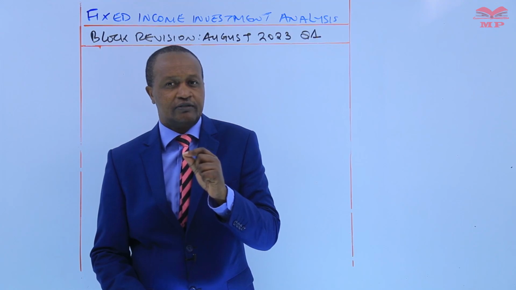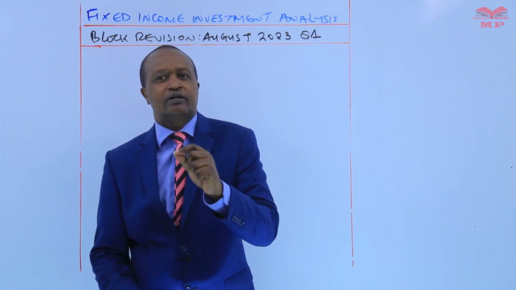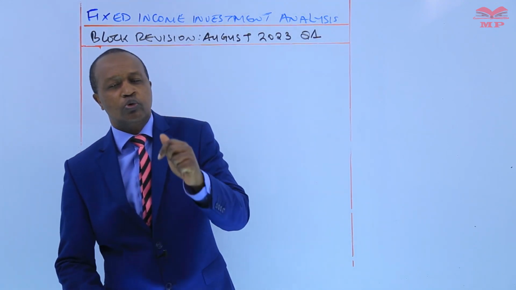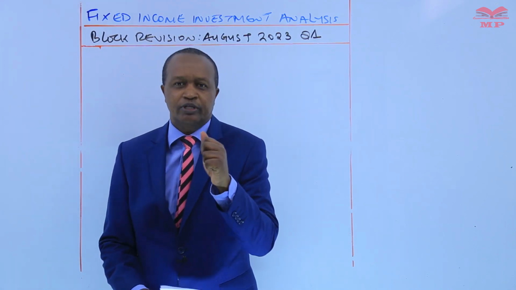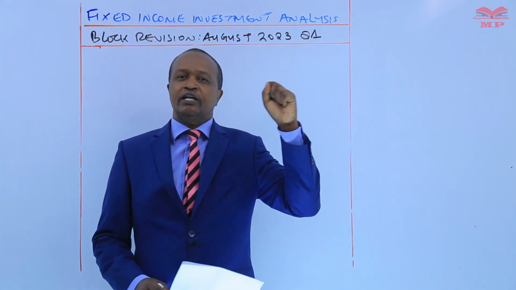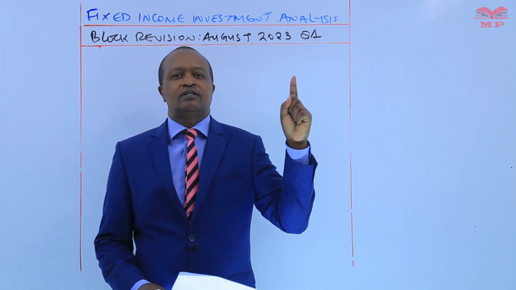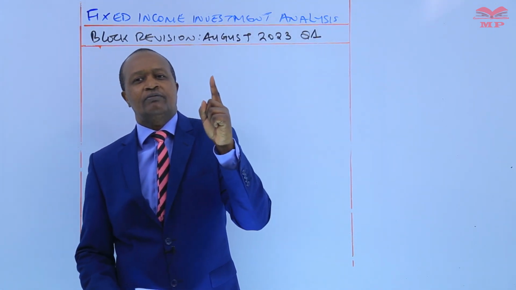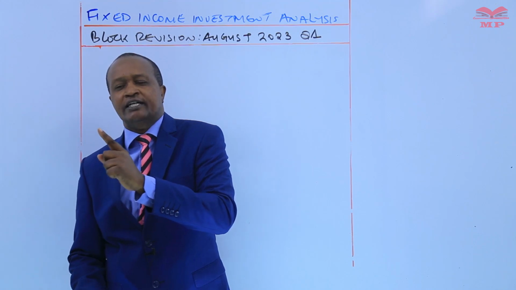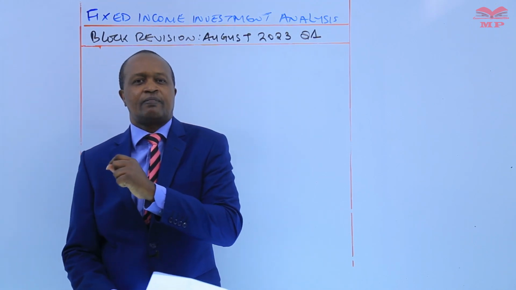Do you understand? Dual currency bonds are bonds where the coupon payment and the principal repayment are denominated in one currency, but the payments are done in another currency.